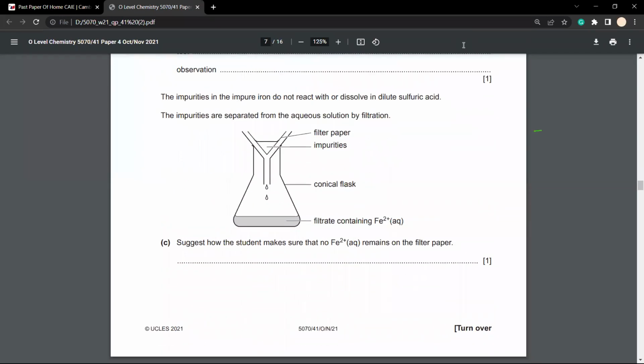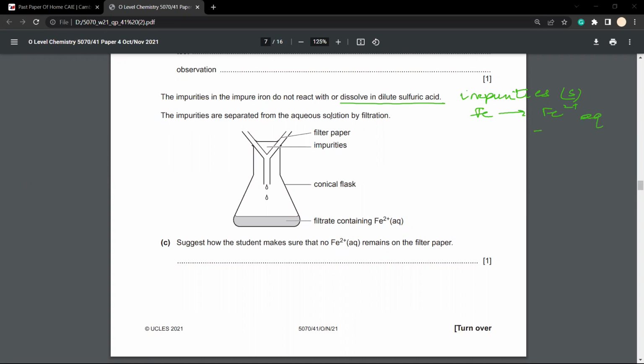Now, what they have done next: the impurities in the impure iron do not react with or dissolve in the sulfuric acid. So impurities remain intact, in the solid form, whereas the iron has converted into iron 2 aqueous solution on reacting with the sulfuric acid.